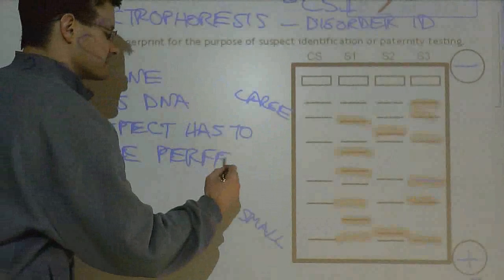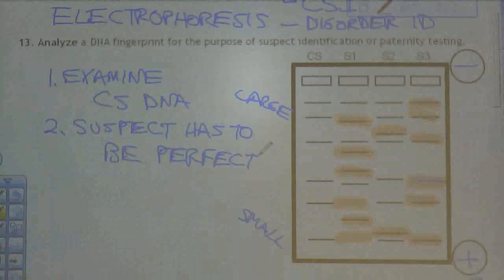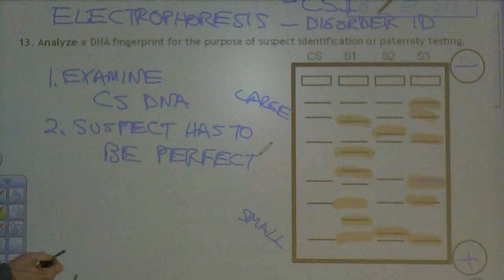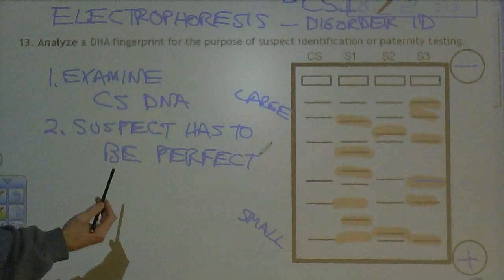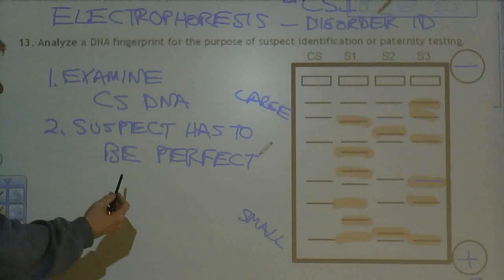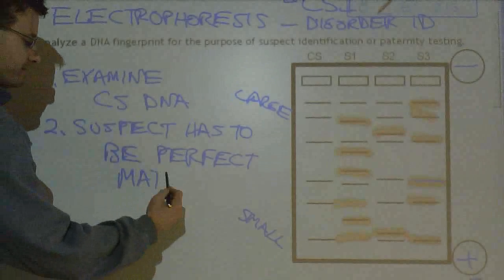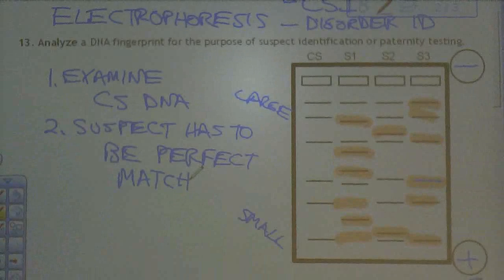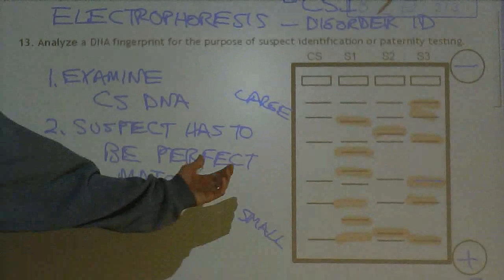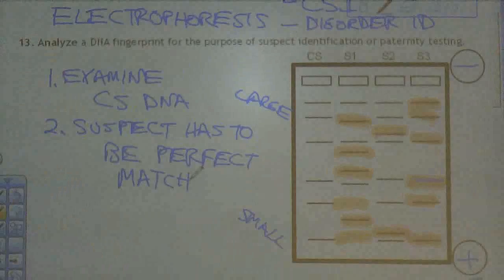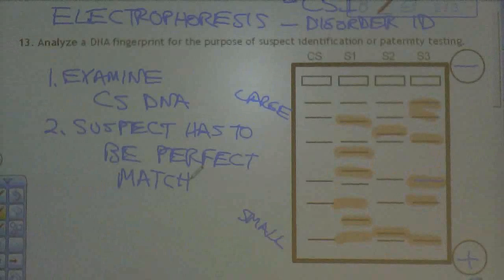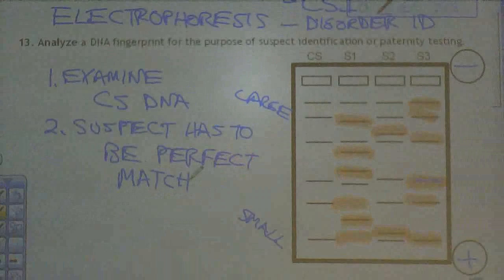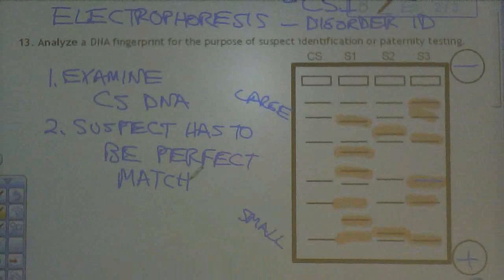And the chance of a DNA fingerprint being the same for 2 people is 1 in like 7 trillion, and there aren't even 7 trillion people on the planet, so it's pretty reliable. The only exception to that would be identical twins. You're not going to be able to tell the difference in their DNA fingerprint. Alright, so that's how to identify a suspect using crime scene DNA and suspect DNA.